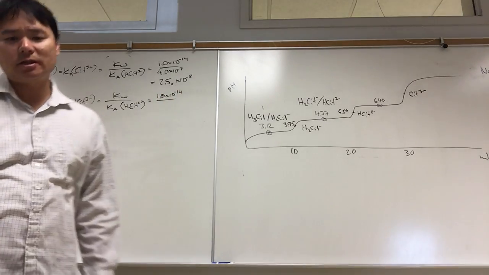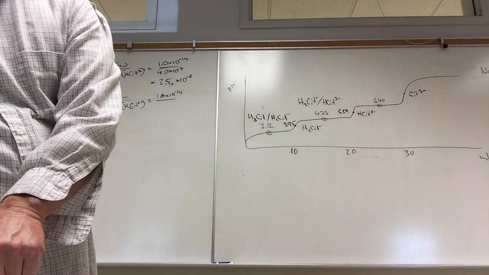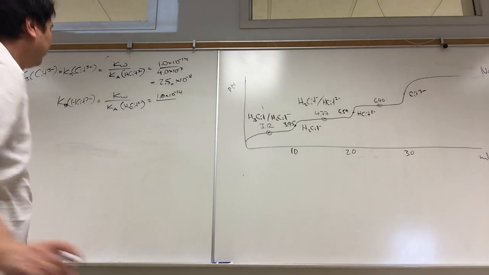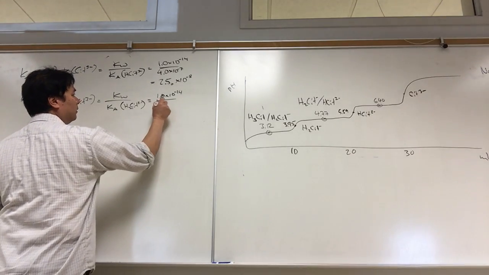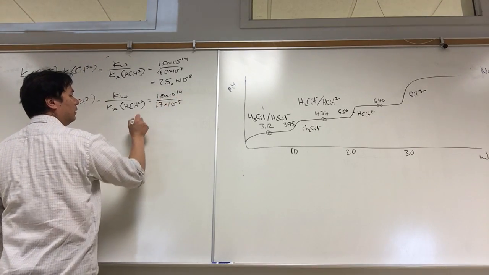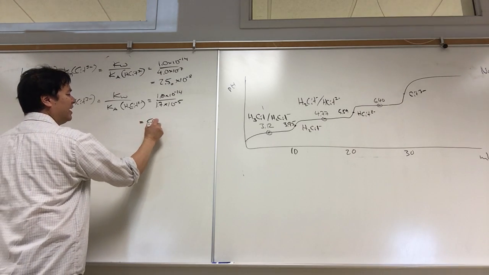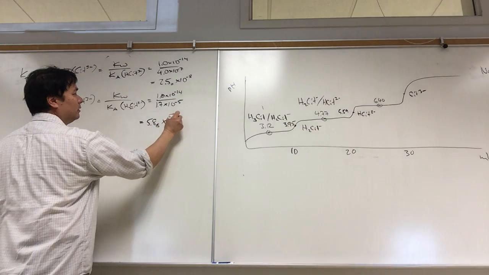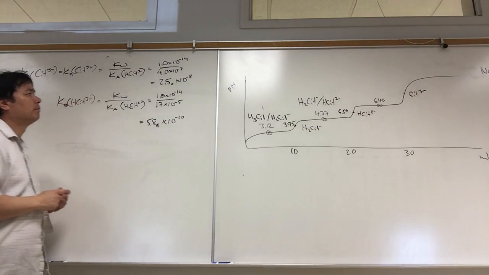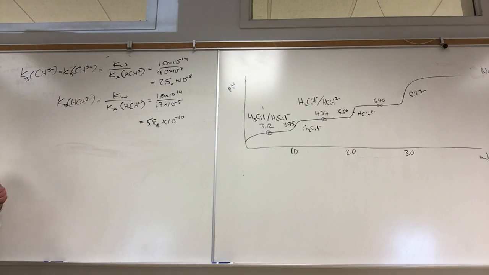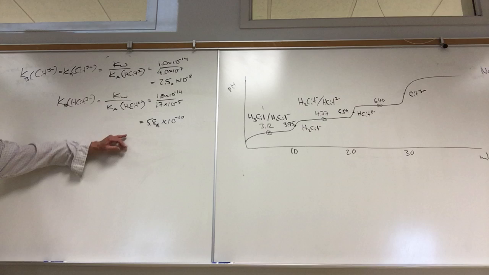Ka for dihydrogen citrate is 1.7 times 10 to the minus 5, which gives us 5.88 times 10 to the negative 10. Should we worry about Kw already? Do we really want to worry about Kw? Kw is 10 to the minus 14.